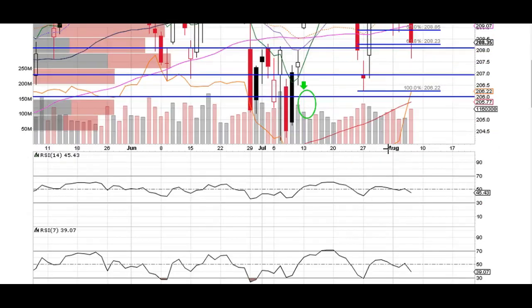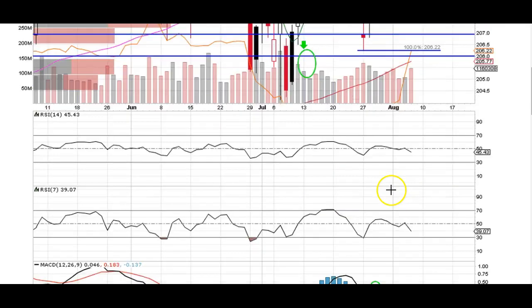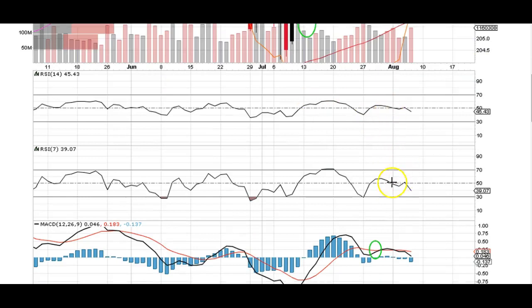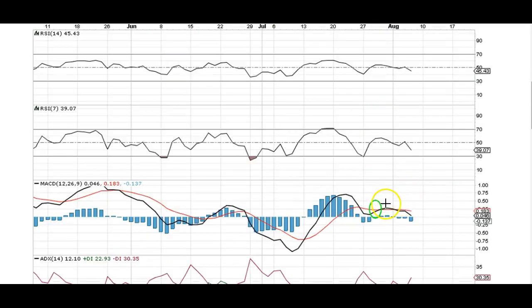Whichever direction you're trying to trade it in, you need to remember that volume needs to confirm price, okay? We've also got a lower high. There was a high over here on the RSI, and then a lower high made right here. And that's on the 14 period. Same thing with the 7 period RSI. We've also got MACD, which has crossed below the signal line.